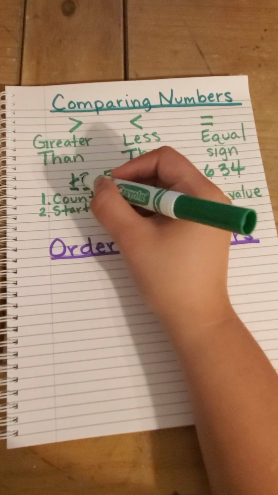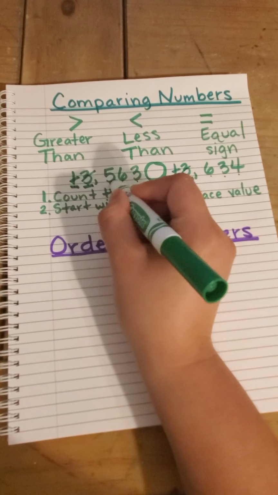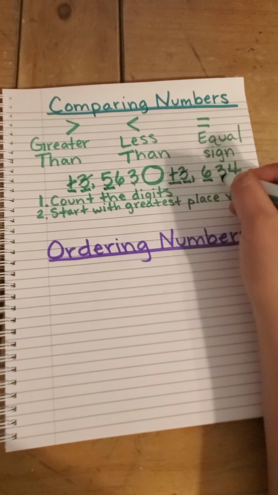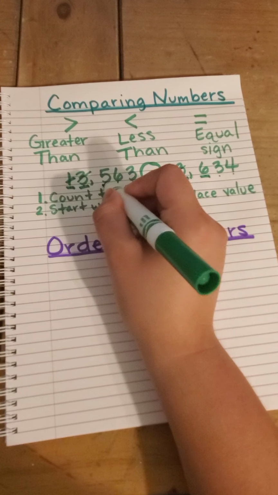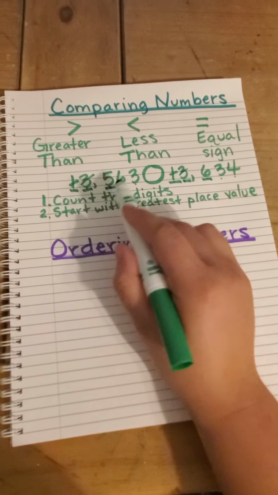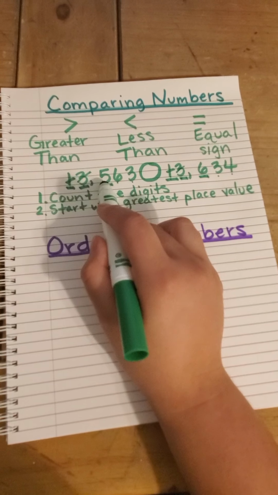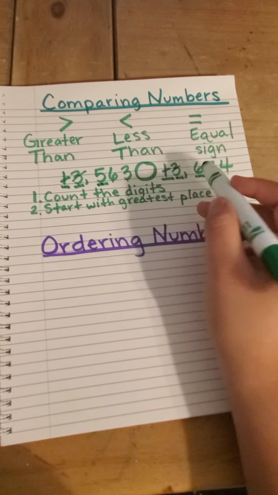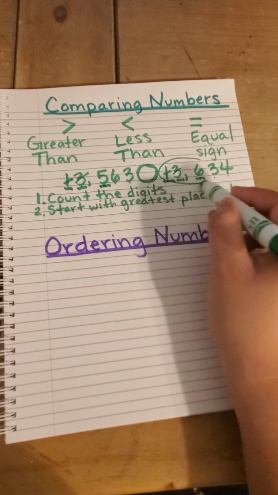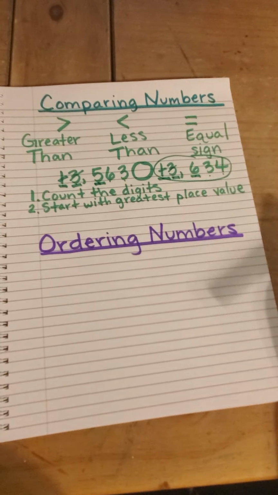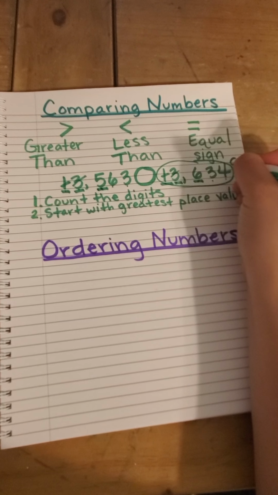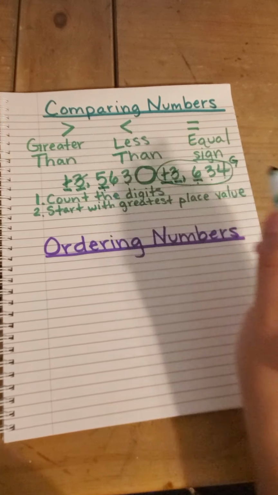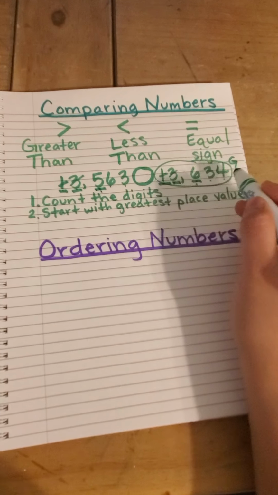That's a 3, that's a 3, did not help. Here's a 5, here's a 6. This is a 6 in the hundreds place. This is a 5 in the hundreds place. I would rather have 600 than 500 because 600 is a greater number. So I know this whole number right here is greater. So I'm going to label it greater because that 6 in the hundreds place told me that this whole number was greater.